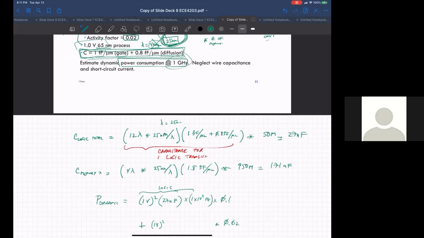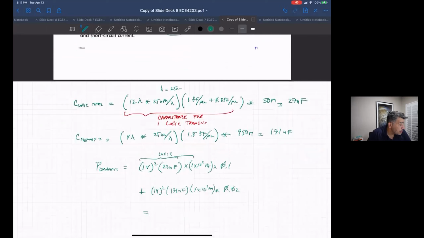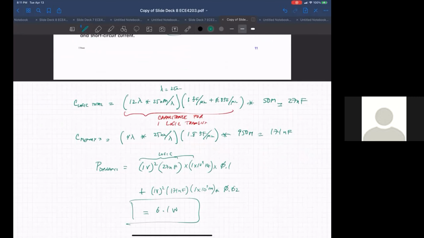For the capacitance, it'd be 171 nanofarads, and the switching frequency, once again, 1 gigahertz. And all this ends up being 6.11 power consumption. Okay. Thanks, Hyzer. Yeah, no problem.